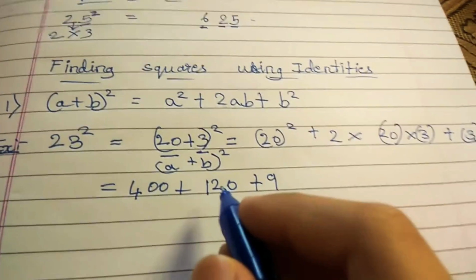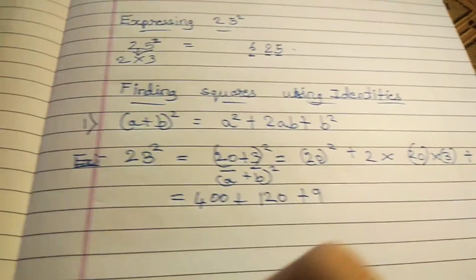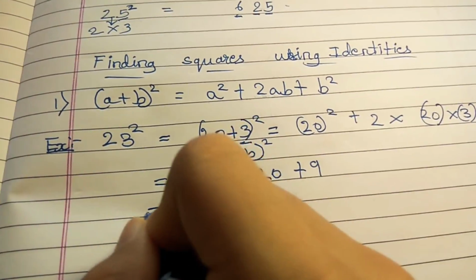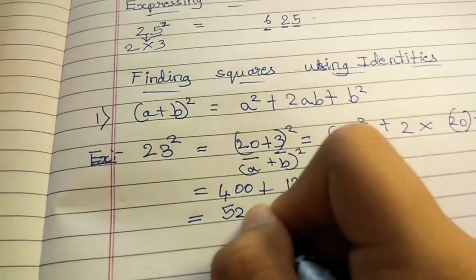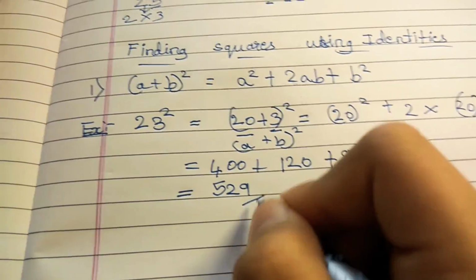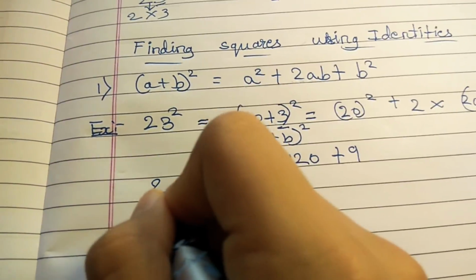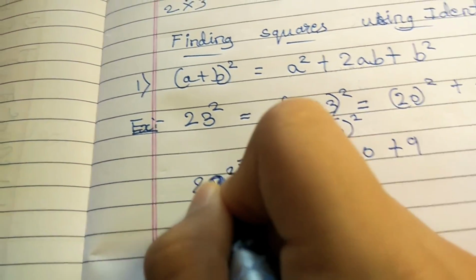So 400 plus 120 plus 9 gives you 23 square. What is 400 plus 120 plus 9? It is 529, right? 400 plus 120 is 520, plus 9 is 529. So 529 is the square of 23.